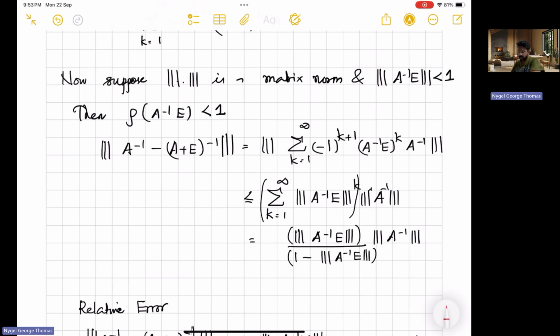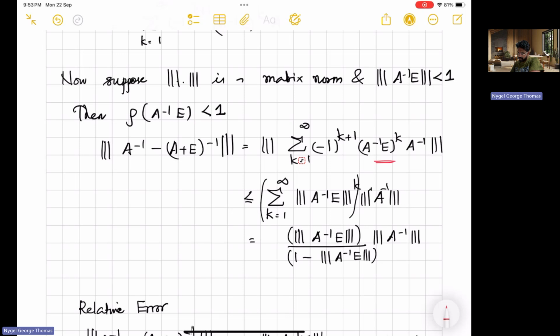If we take the norm of the error, which is the norm of A inverse minus (A plus E) the whole inverse, we can substitute the term we've already calculated. So that will be the norm of sigma k equal to 1 to infinity, (minus 1) raised to k plus 1, (A inverse E) whole raised to k, A inverse.